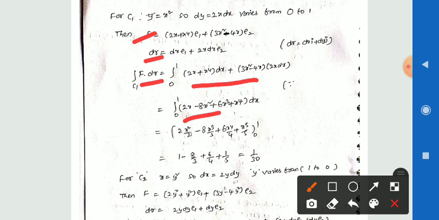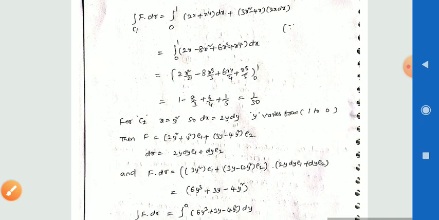Integrating with respect to x from 0 to 1, we get 2 times x square by 2 minus 8x cube by 3 plus 6x power 4 by 4 plus x power 5 by 5. Substituting the limits, we get 1 minus 8 by 3 plus 6 by 4 plus 1 by 5, which is equal to 1 by 30.